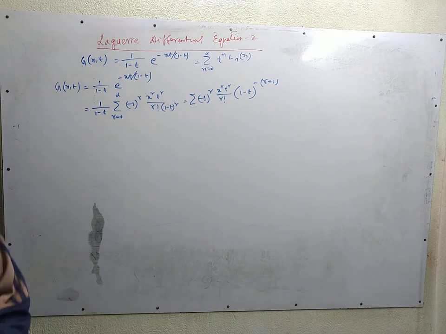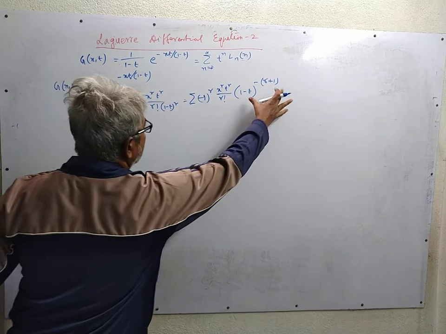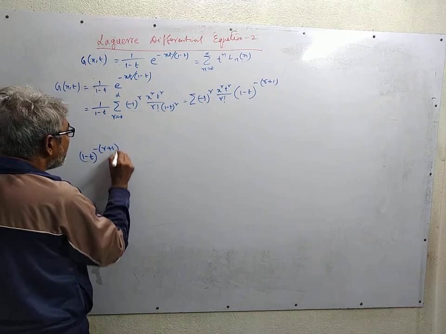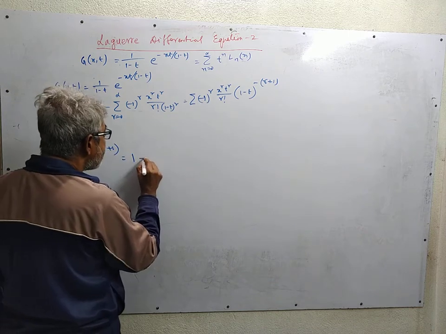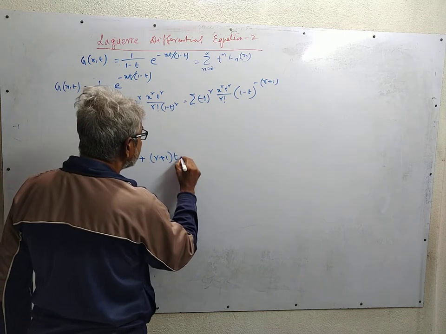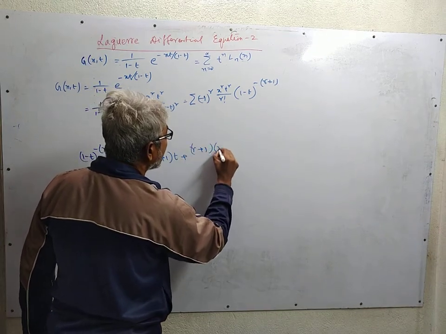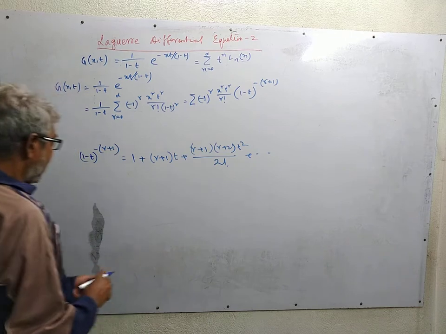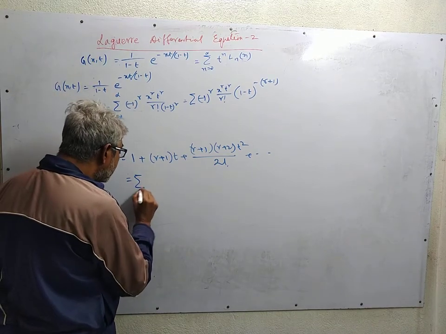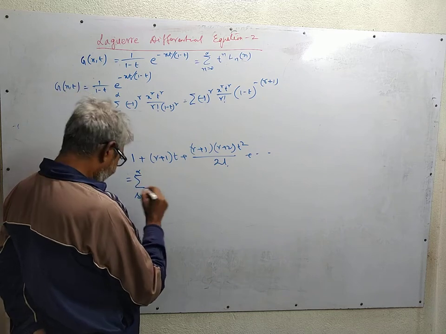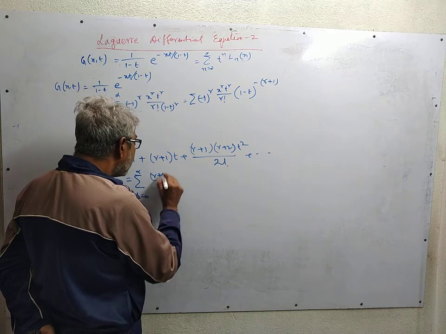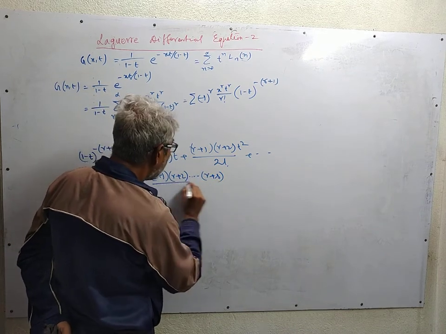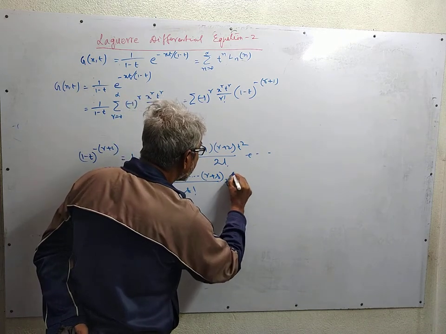Now this part, 1 minus t to the power minus (r plus 1), is 1 plus (r plus 1) t, plus (r plus 1)(r plus 2) t square by factorial 2, and so on and so forth, which can be written as summation over s from 0 to infinity of (r plus 1)(r plus 2)...(r plus s) by s factorial, t to the power s.